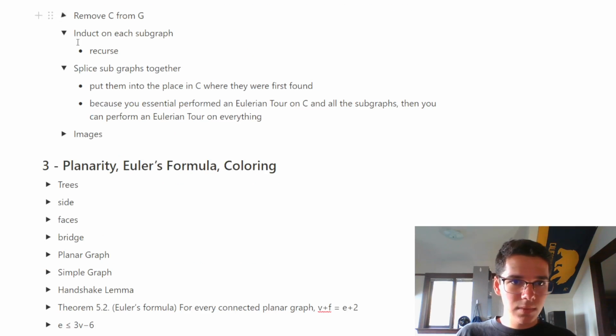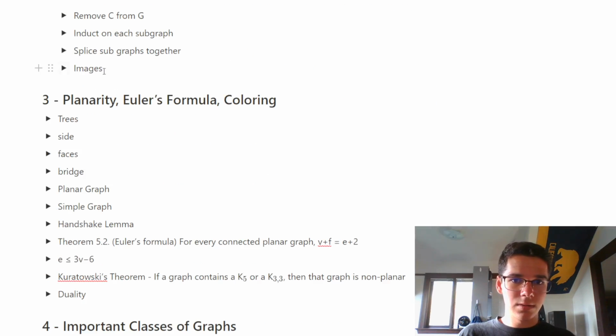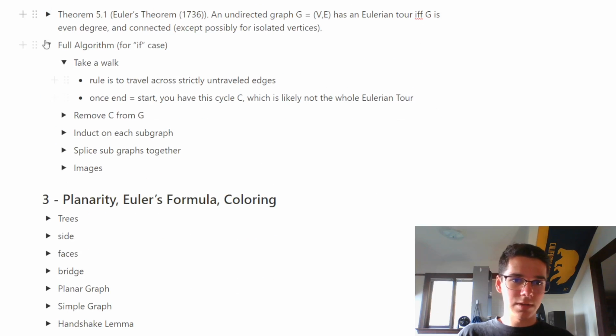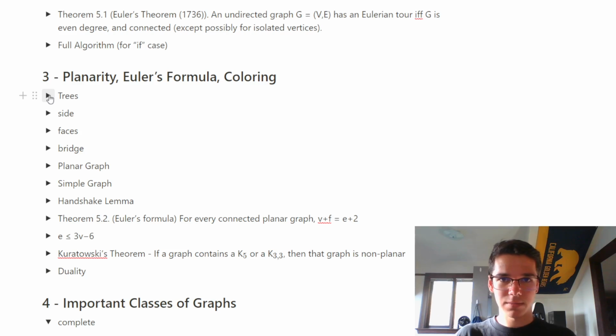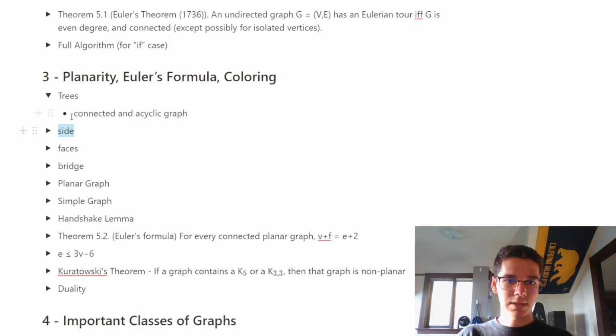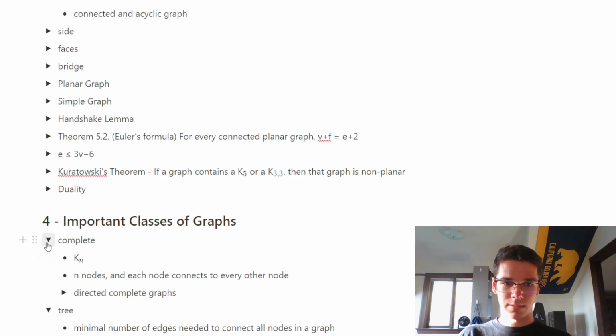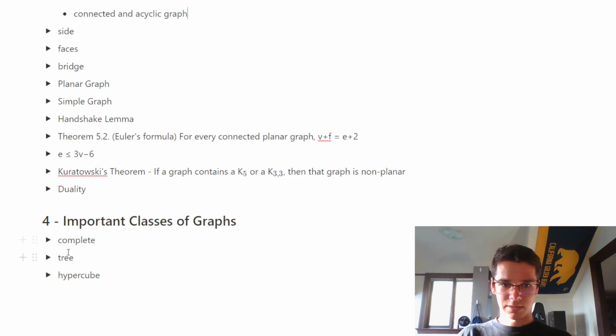Okay, so we're going to move on to some even more interesting topics, which are about graph properties. So the first thing we're going to talk about is trees, very briefly. Connected and acyclic graph. Going to talk about them more in this section right here on trees.